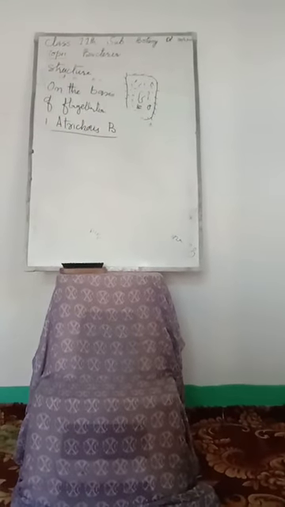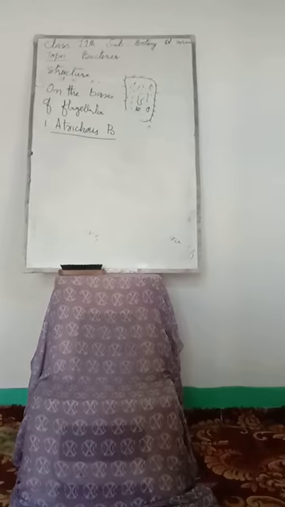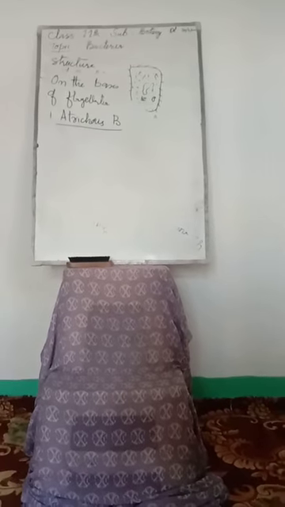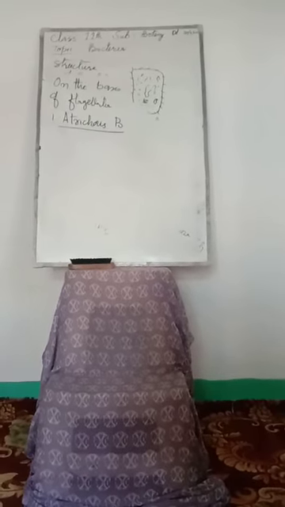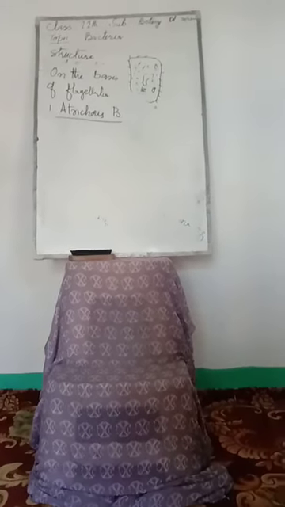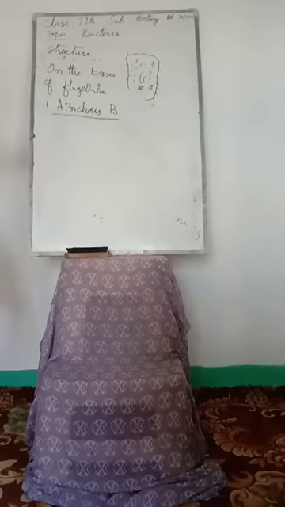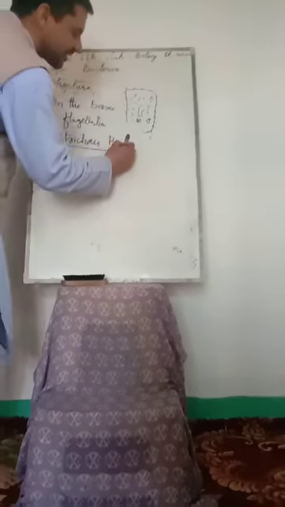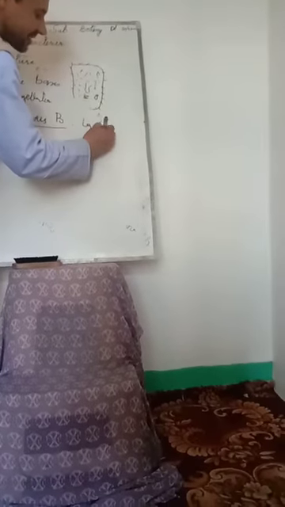Those bacteria which lack flagella are called Atrichous bacteria. For example, Coccus bacteria are non-flagellated, so they are Atrichous bacteria.